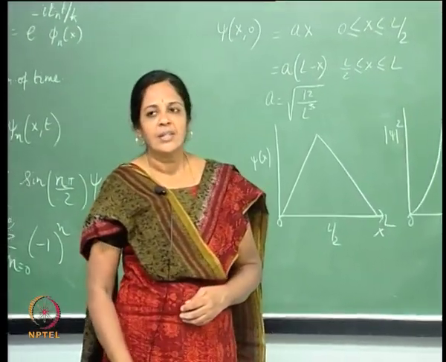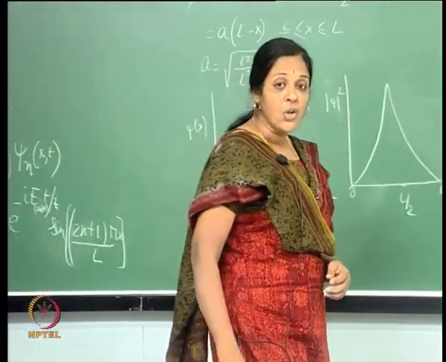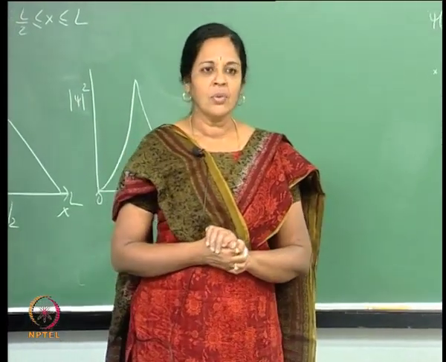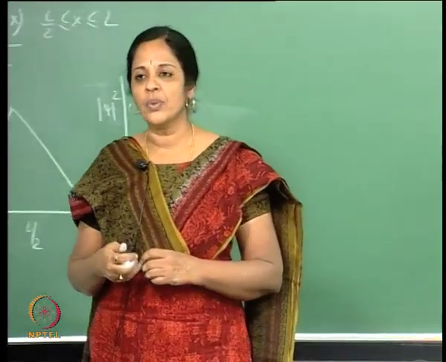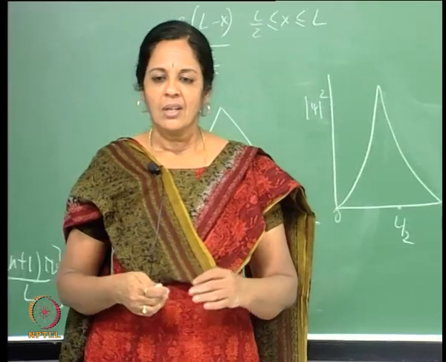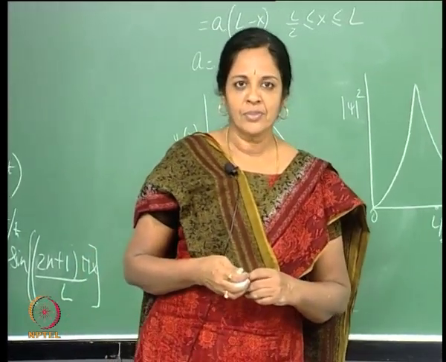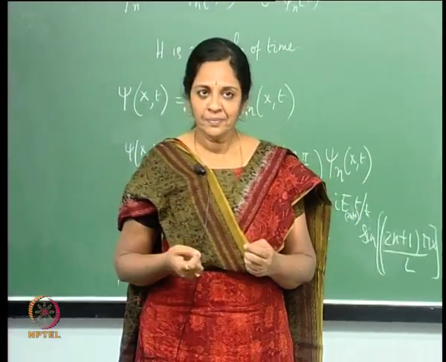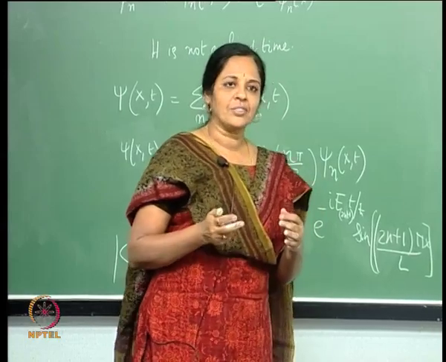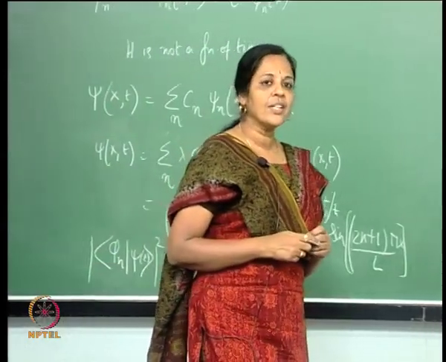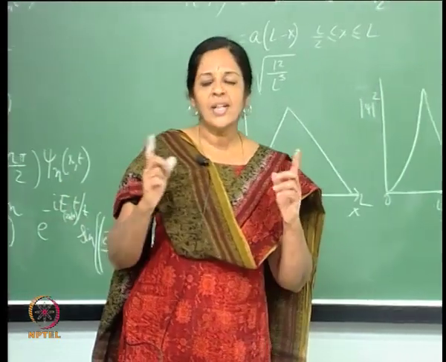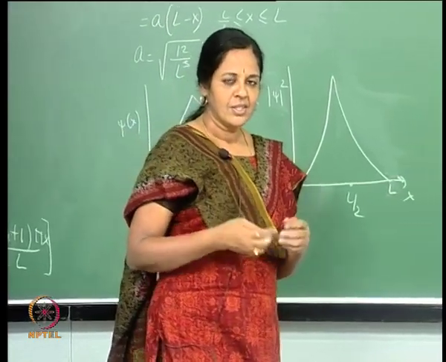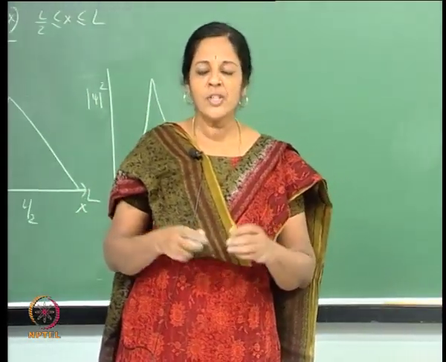Given an initial state psi of x comma 0, which is not an energy eigenstate, in many physical problems one is compelled to find the subsequent evolution. For instance, when a laser interacts with an atom, when light interacts with an atom, the light perturbs the atom, and therefore both the initial state of the light and the initial state of the atom change in time. And what you will have is a subsequent evolved state psi of xt, which could show entanglement.